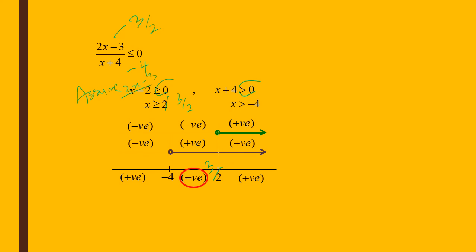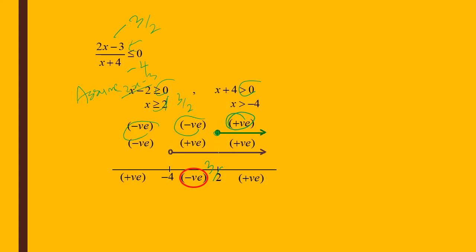For the first part, x is more than or equal to 3/2. So we have a dense dot here because 3/2 is on the top, the numerator, so we can include the value of 3/2. So we have positive for the right side of 3/2, negative for the left side of 3/2.